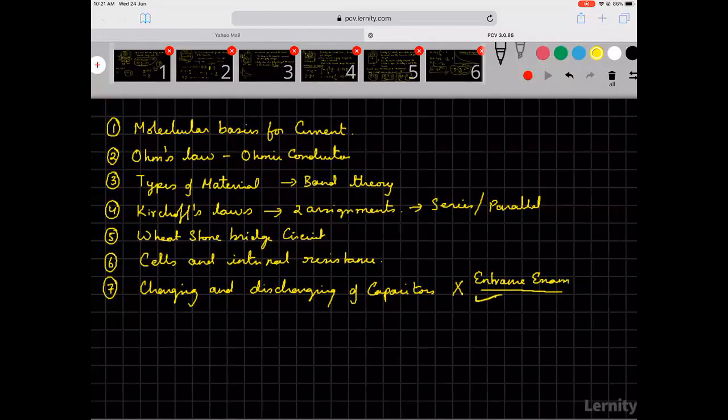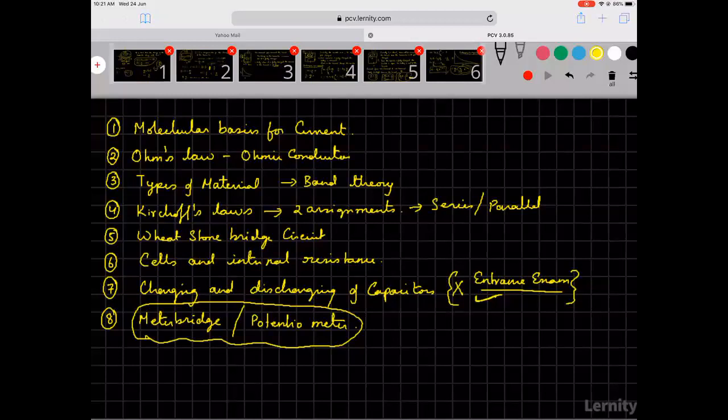Now there is a last part of it, which has a meter bridge and a potentiometer. So we will work on these two. These two are actually 2 experiments that you will be doing in your lab.